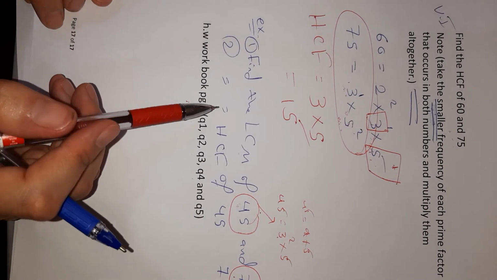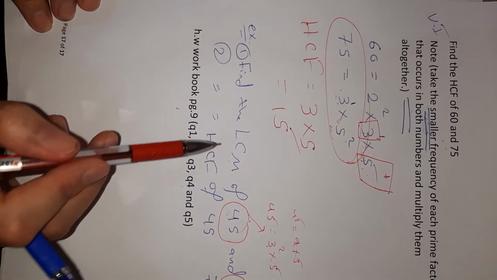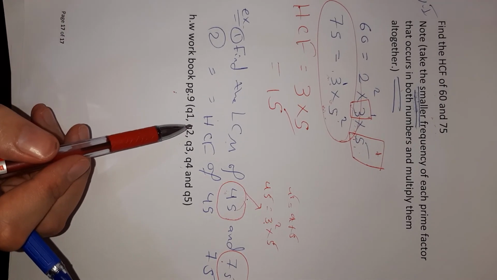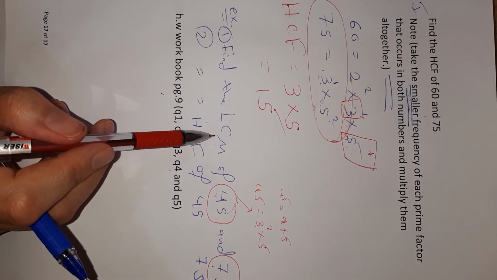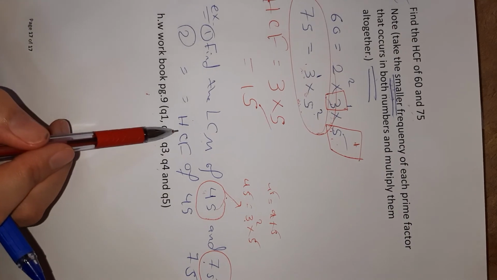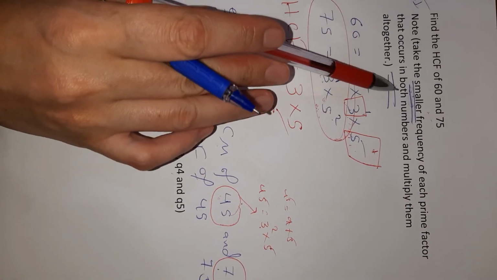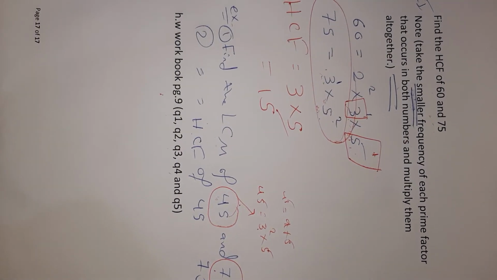Then follow the rules about how we can find the LCM and how we can find the HCF. Remember, in LCM, take the larger frequency of each prime. In HCF, the smaller frequency, in both numbers, and multiply them.